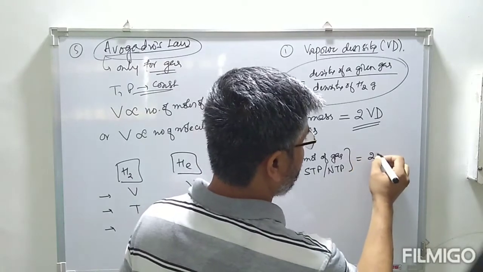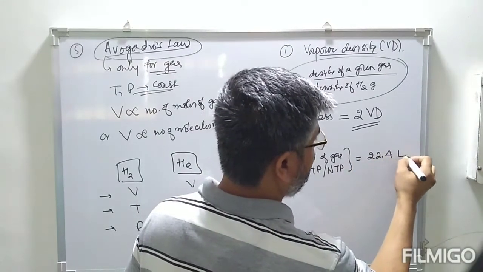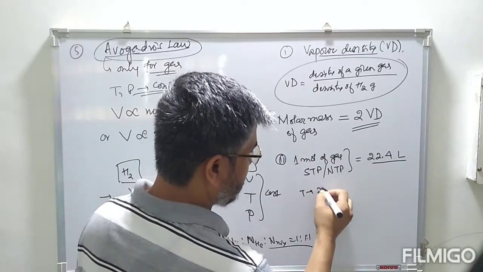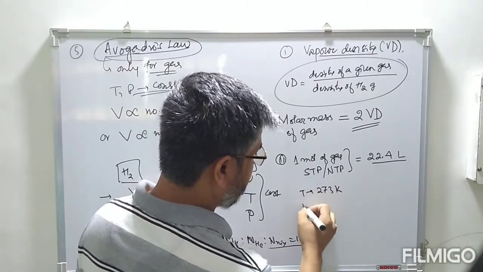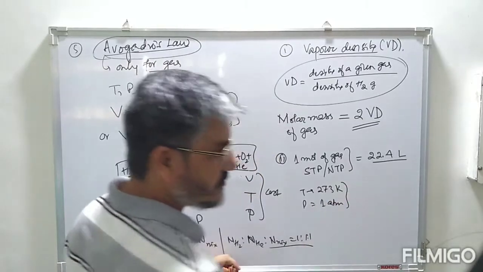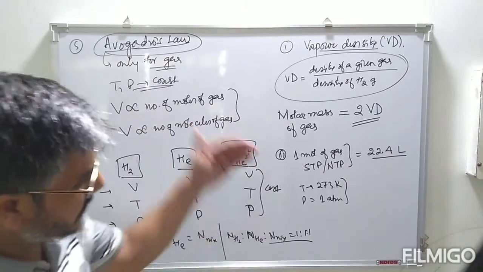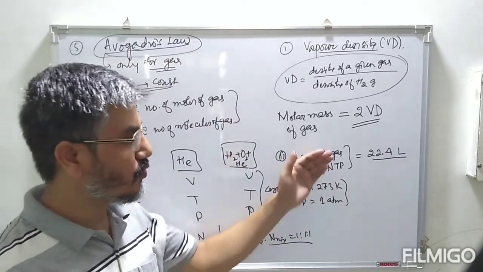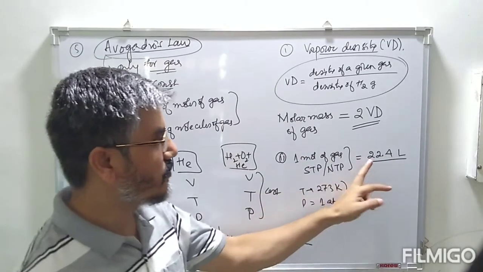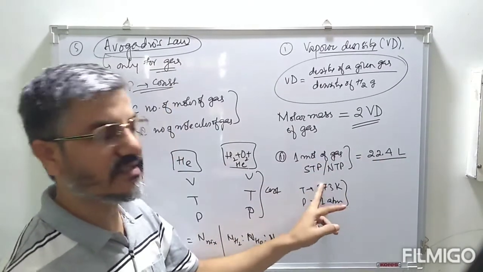This is equal to 22.4 liter. STP temperature is 273 Kelvin, pressure is 1 atm. So we have different gases. So 1 mole of an ideal gas always occupies a volume of 22.4 liter at STP.